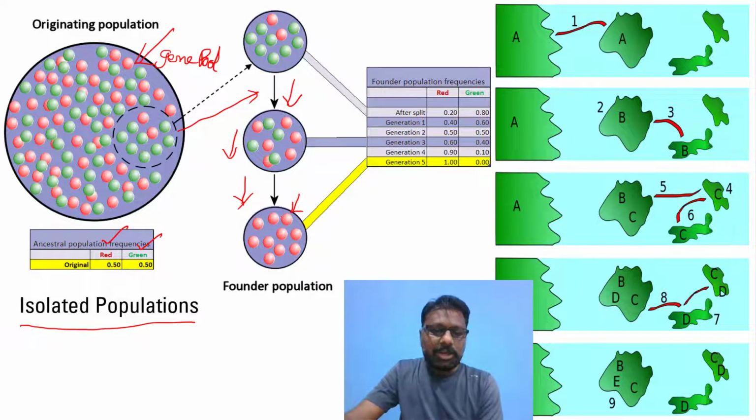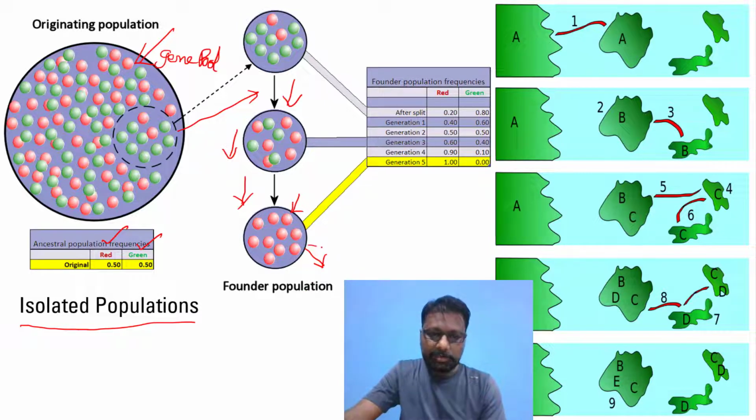So initially the original population had a 50-50 allelic frequency, but by the process of isolation it has completely converted, and it consists of only one type of allele, that is the red allele. This population which has arisen through the isolation process is what we call the founder population.